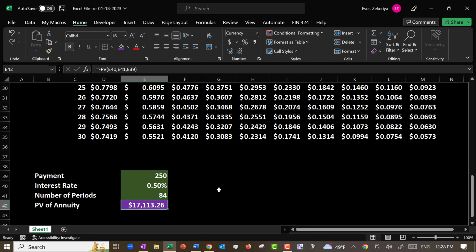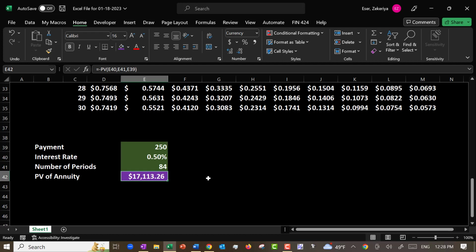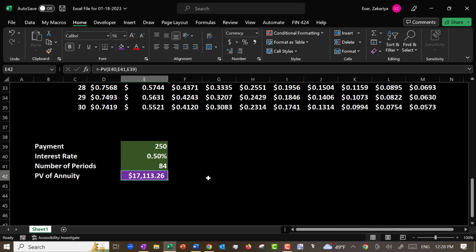Now, let's figure something else. What if I wanted to buy a car that was $25,000? I still want to keep paying $250. Interest rate is 0.5%. How many months do I have to make these payments?